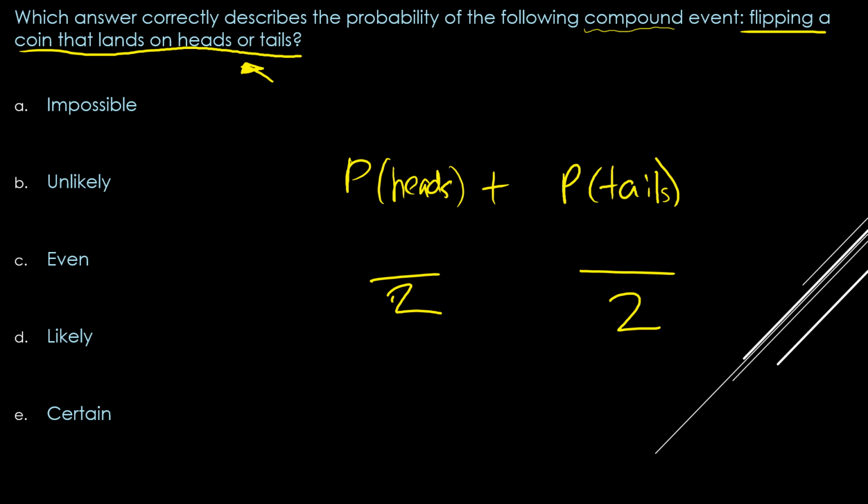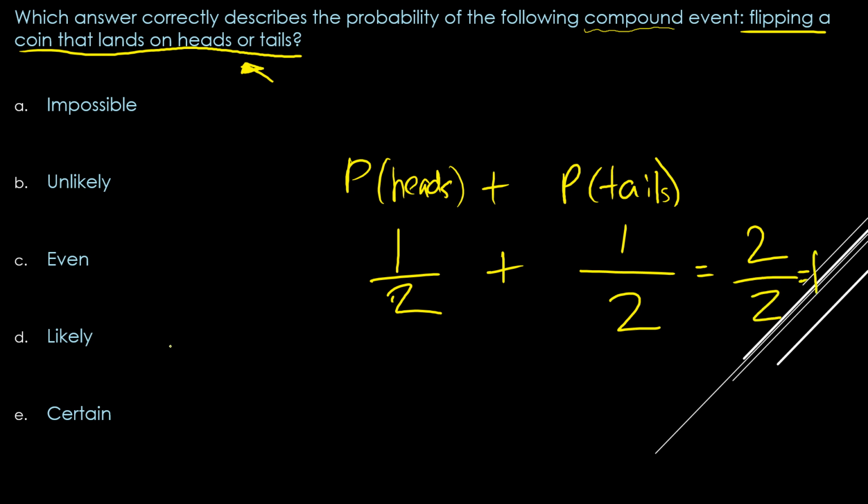So one of those options would be heads and one of those options would be tails. Now again, since it has that word "or" in the middle and it's not "and," this means that we can add them together. So if I were to add these together, you add your numerators, so 1 plus 1 is 2, and keep your denominator the same.